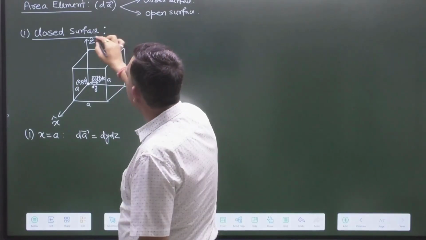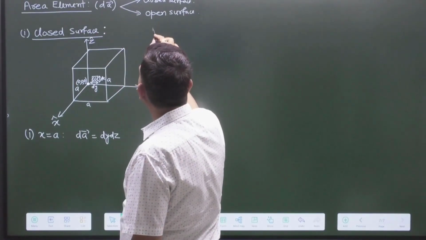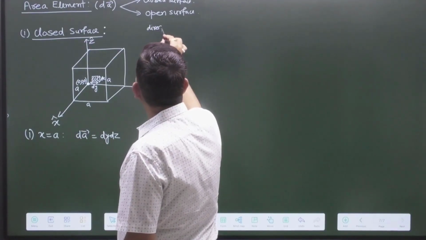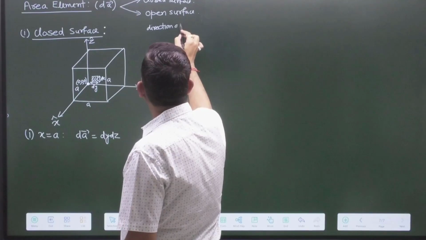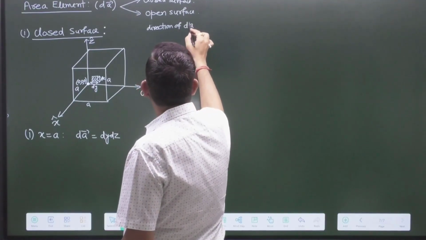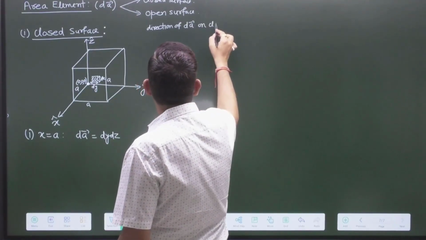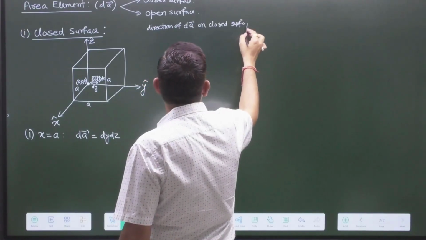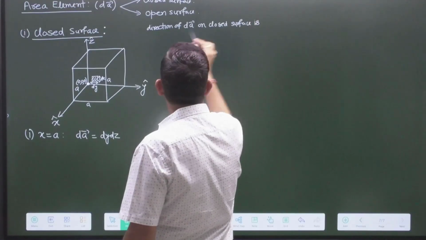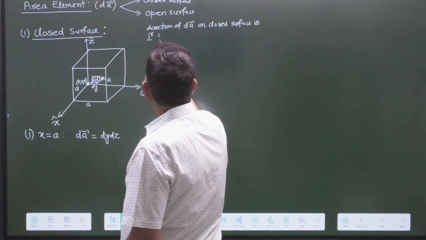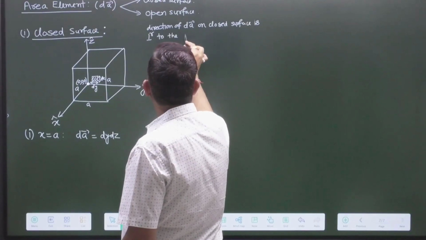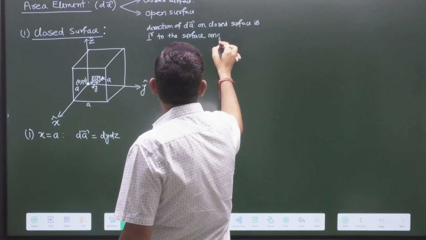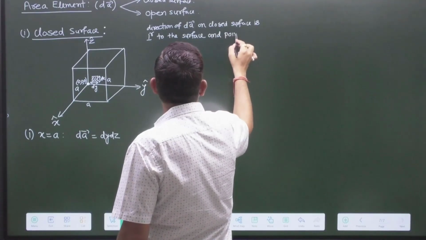Now, the direction on a closed surface, you have to remember this point: the direction of dA on a closed surface is perpendicular to the surface and pointing outwards.